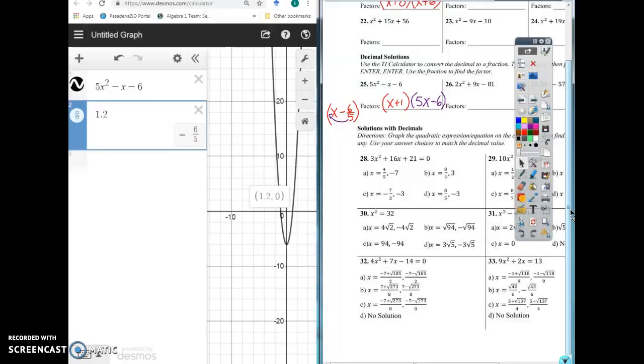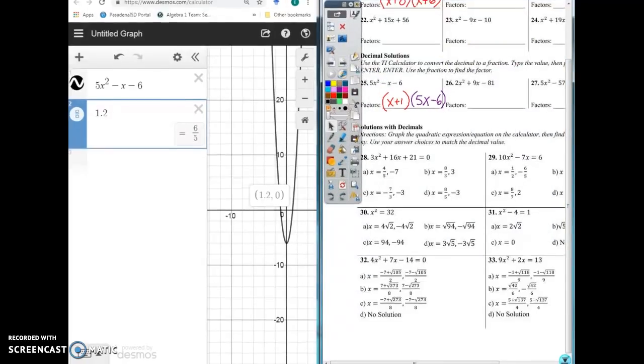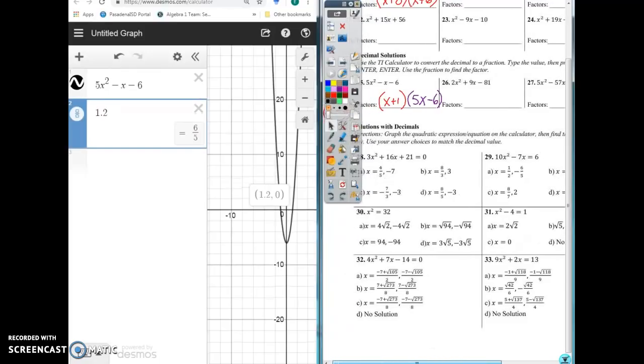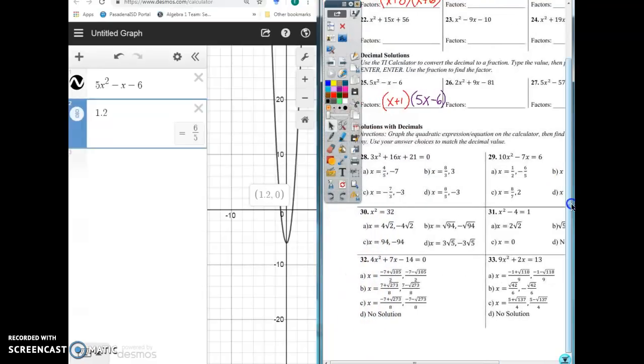And then at the bottom, now they gave you the solutions. The directions say graph the quadratic expression on the calculator, then find the solution. So you're going to be answering these A, B, C, D, or whatever.